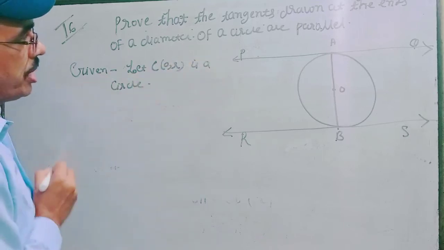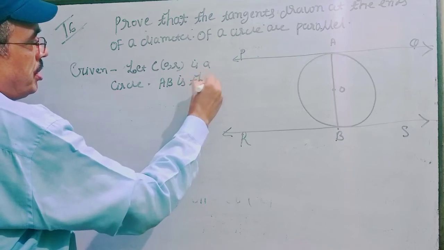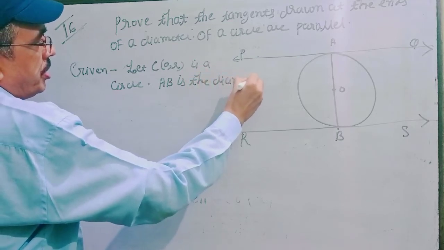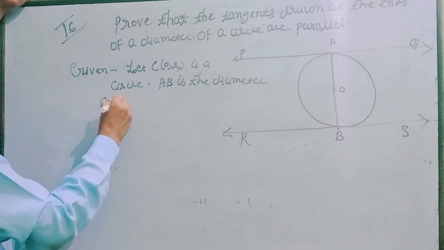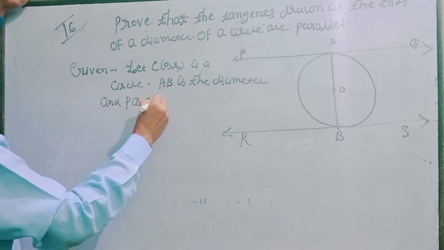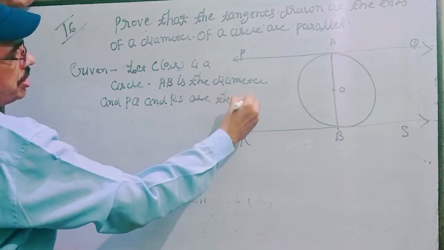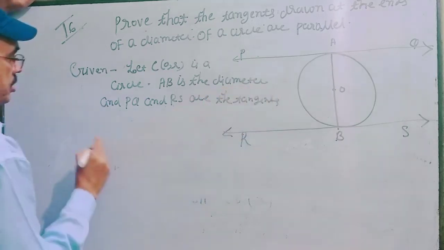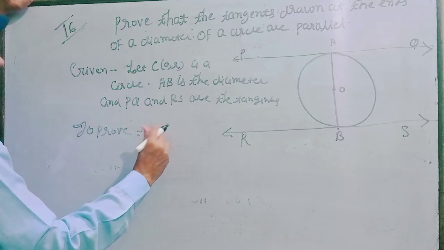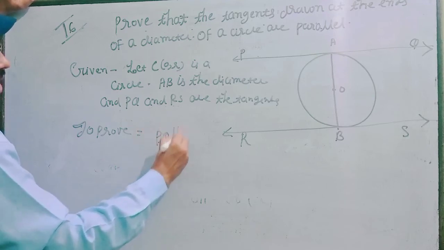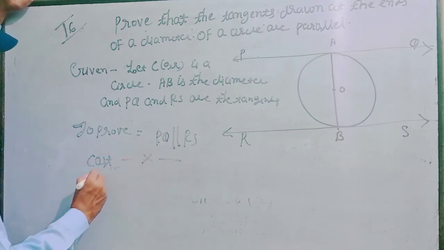AB is the diameter, and PQ and RS are the tangents. To prove: PQ is parallel to RS.